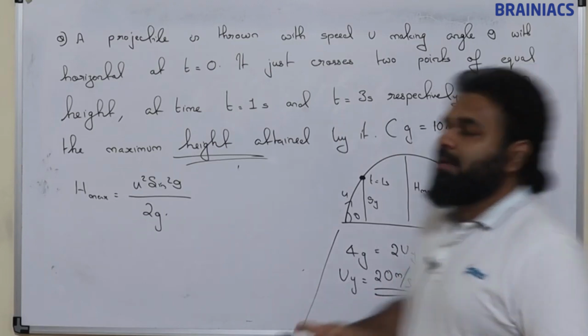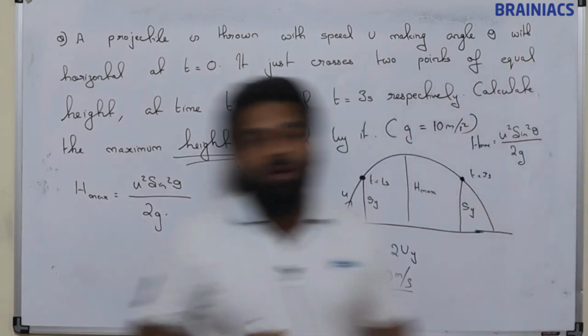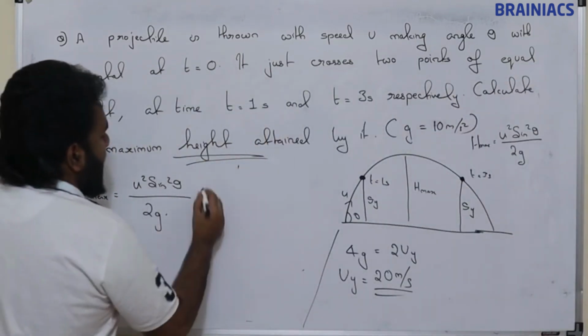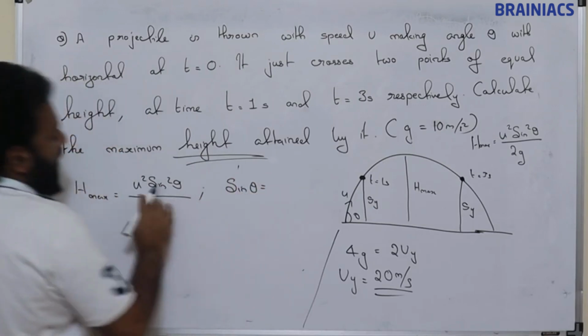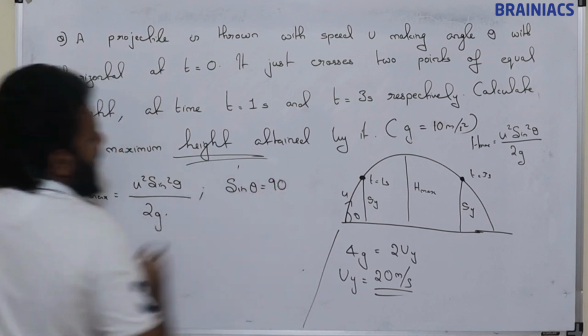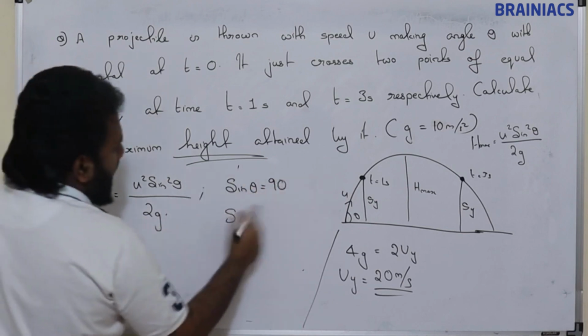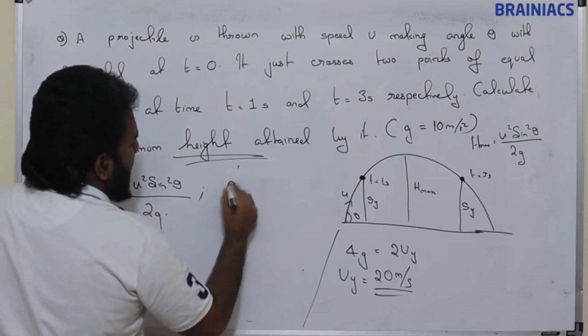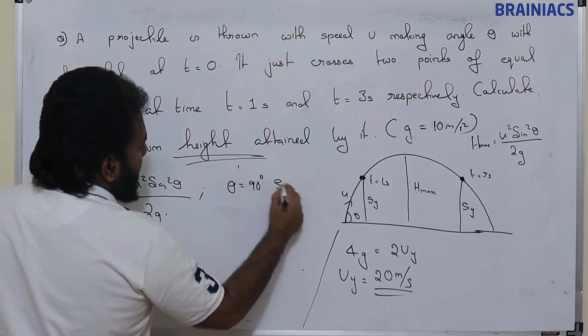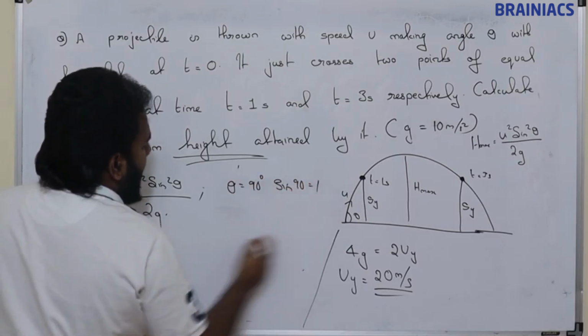So what they are asking is the maximum possible height, and that is possible when sine theta is equal to 1, that is when theta is equal to 90 degrees, since sine 90 is equal to 1.